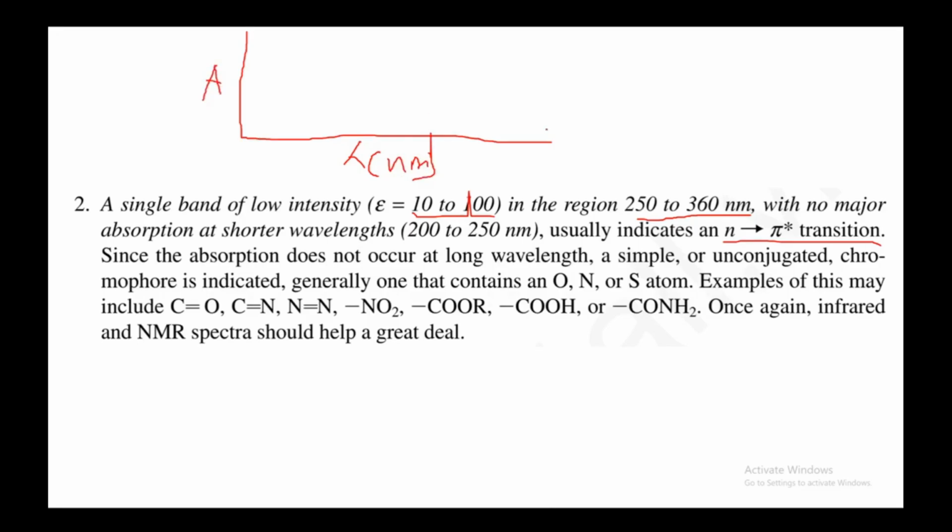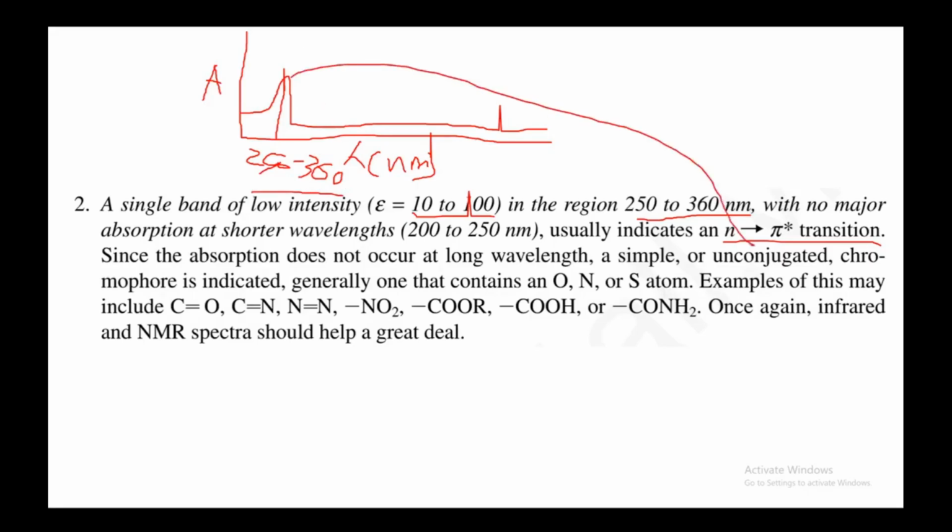So you have a spectrum, and you see a peak at around 250 to 360 nanometer. So the peak is in between 250 and 360, and the intensity of the peak is not much. It's a low intensity peak. This indicates that this peak is due to the n to pi star transition.